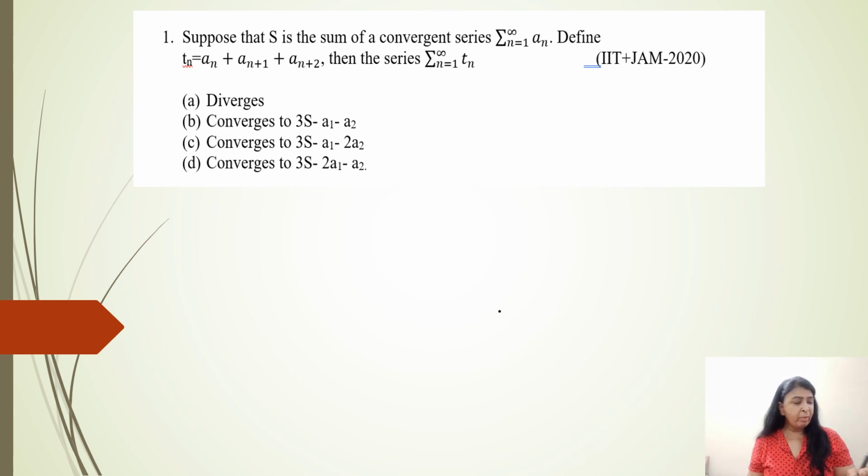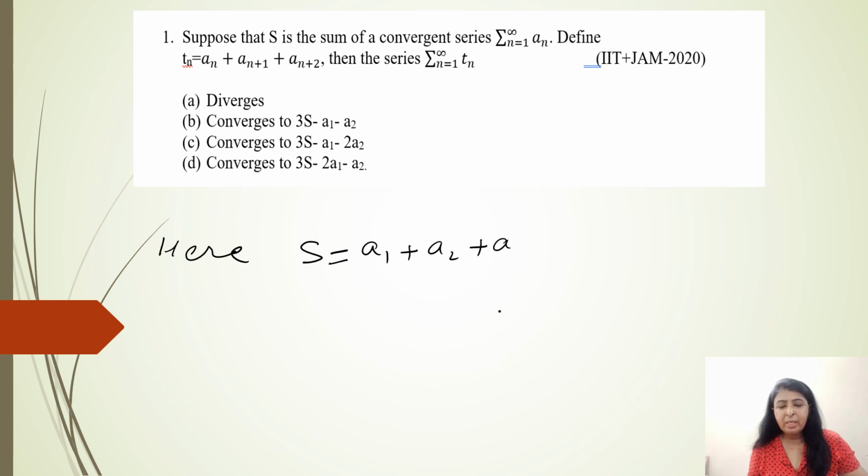So S is given by a1 plus a2 plus a3 and so on, which is equal to sigma an, n varies from 1 to infinity.